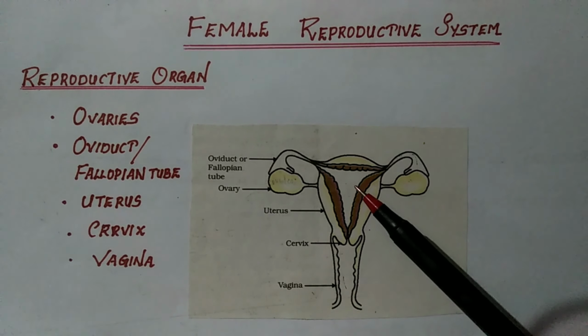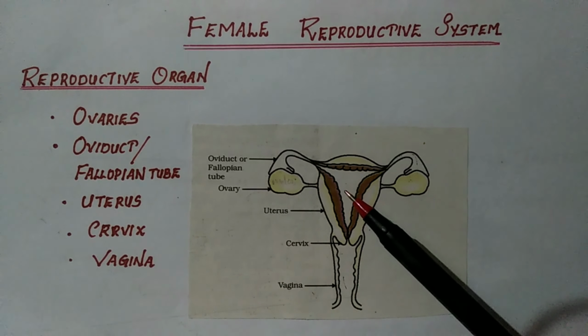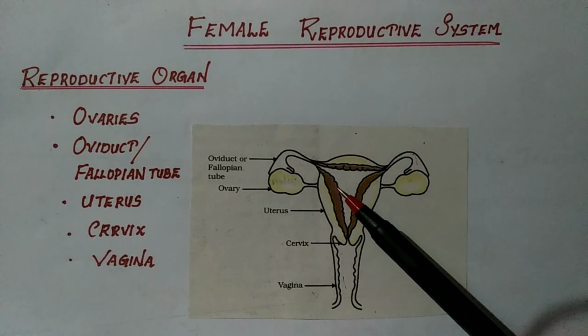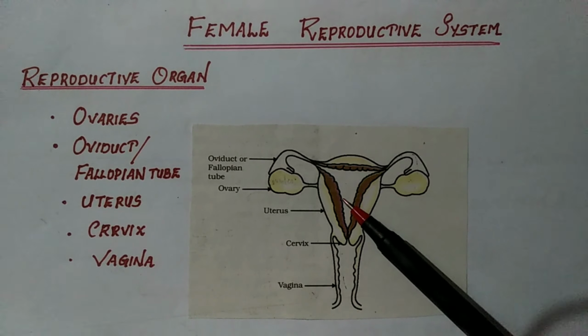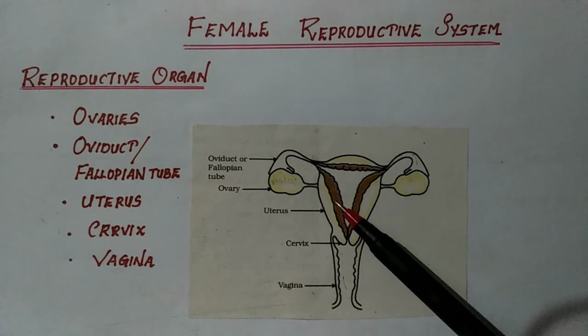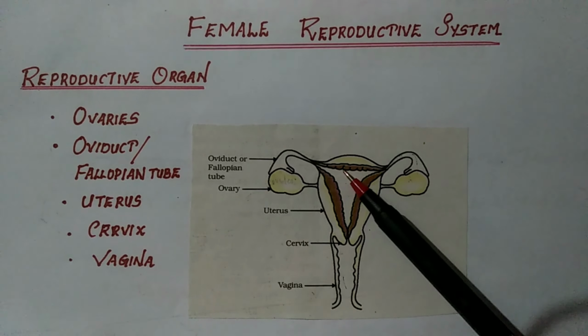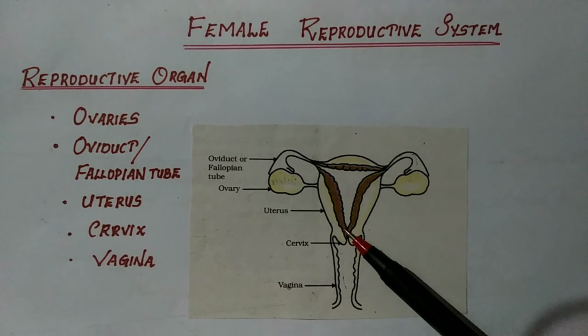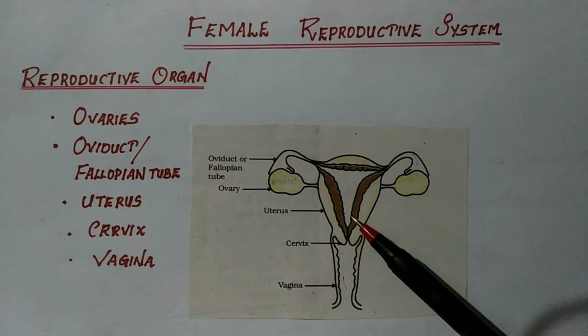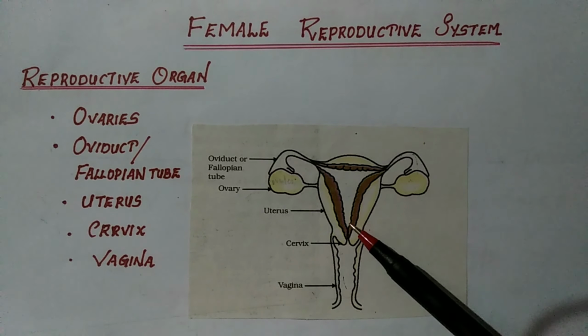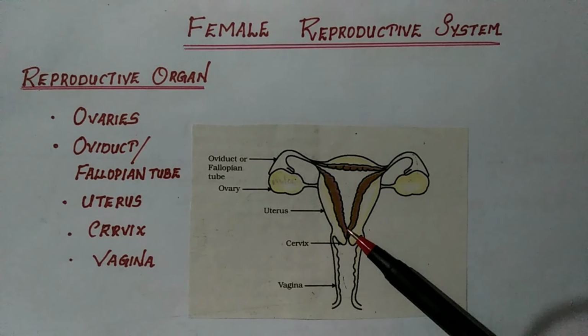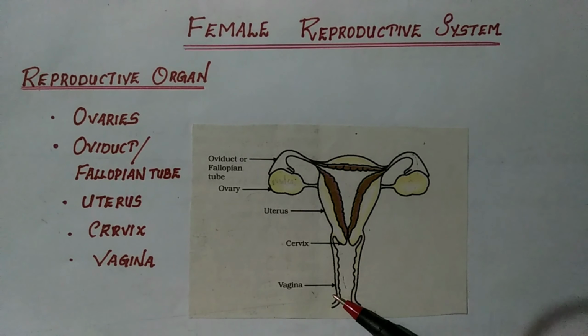Now about the uterus or womb, it is a hollow pear-shaped organ. You can see the shape of this uterus is pear-shaped, within which the future embryo develops. Its upper part is broader and the lower part is narrow. The lower narrow part of the uterus is called the cervix. As a continuation of the cervix, you can see the vagina is marked here.